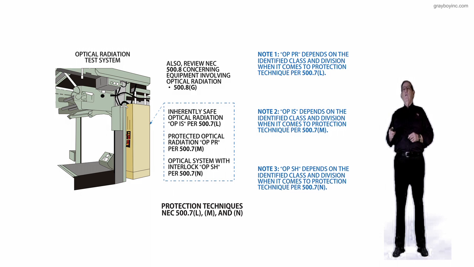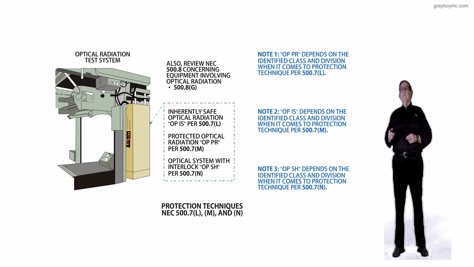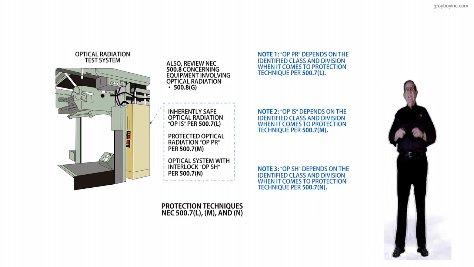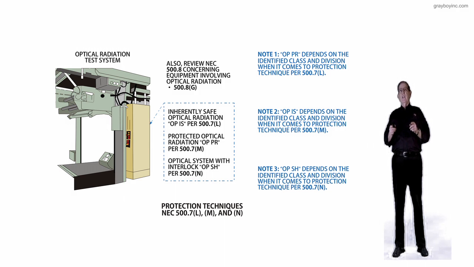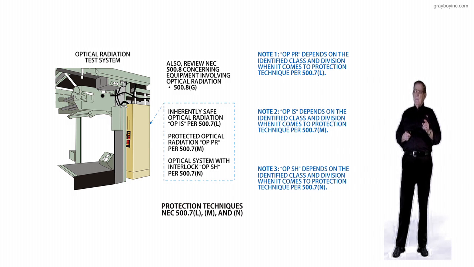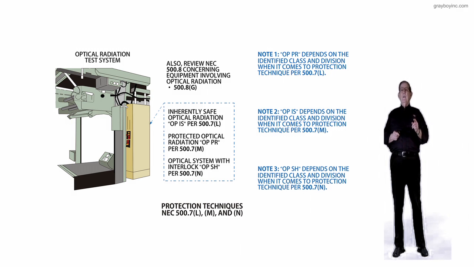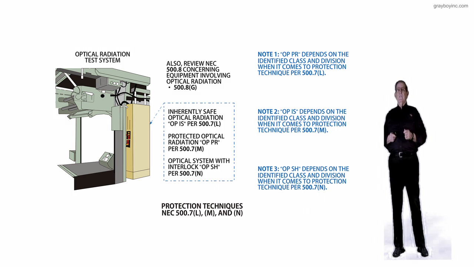Now, note 1, OPPR, now you know what that is when you look at the boxed in center call out of the boxed in information, depends on the identified class and division when it comes to protection techniques per 500.7L, and again, a little repetitious, I know, but we go to Part 3 to Article 100 for a definition of these systems.